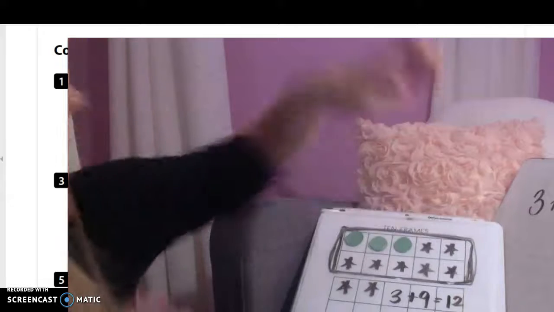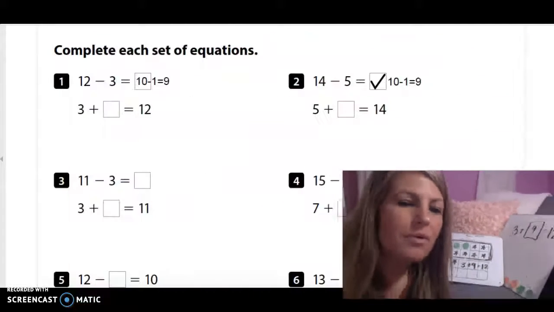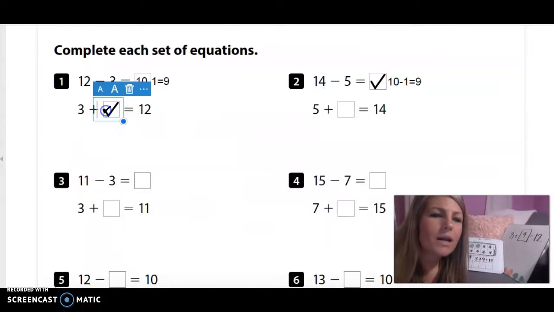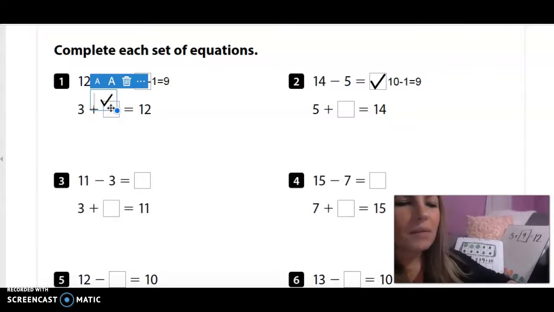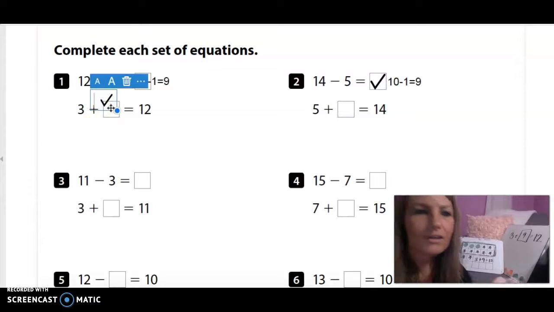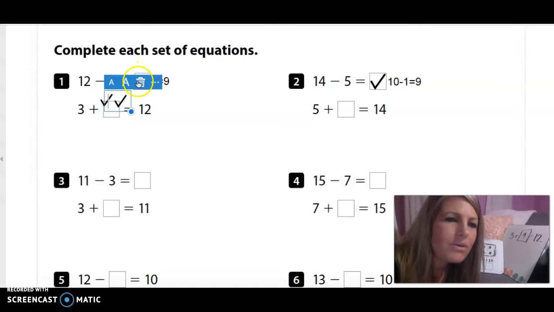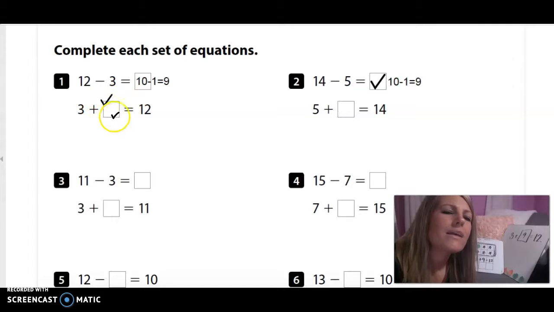So 3 plus 9 equals 12. That's where I'm going to go back onto my paper for number 1. My computer is not letting me write the number 9, so I'm just going to have you write the number 9 right here in this box.